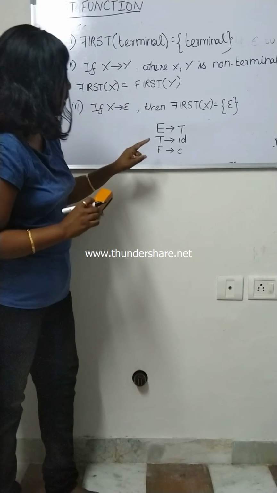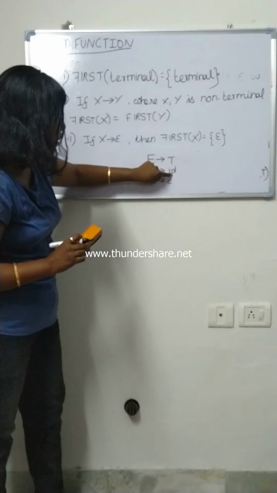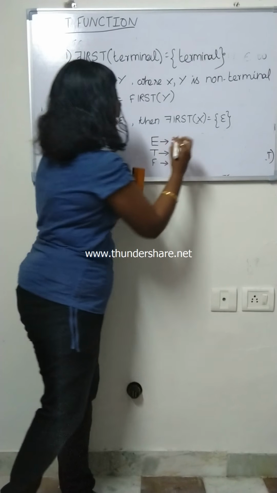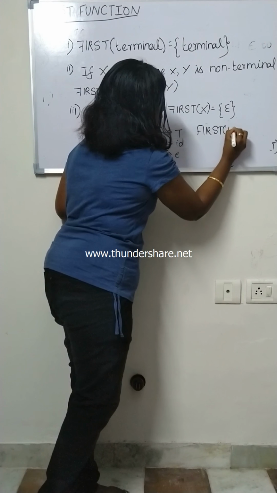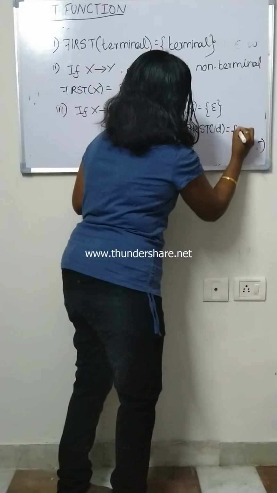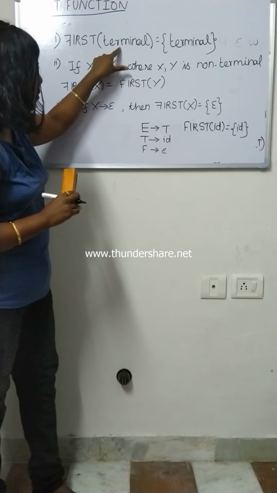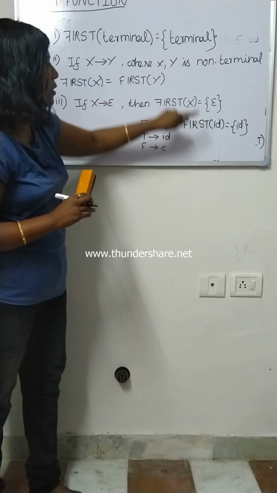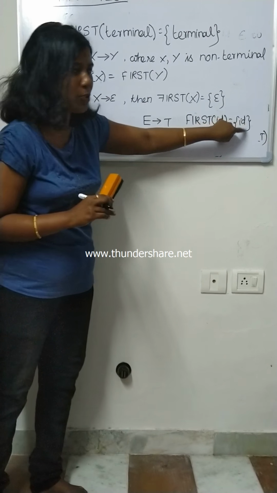Here I am taking ID, which is a terminal. So first of ID is always equal to ID, because first of terminal is equal to terminal. ID is a small letter, that is a terminal, so first of ID is equal to ID.